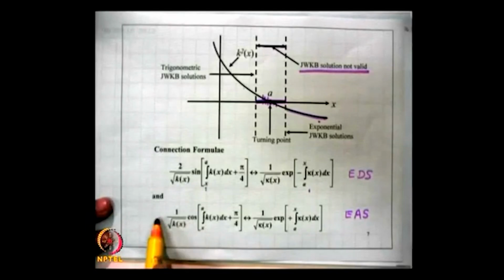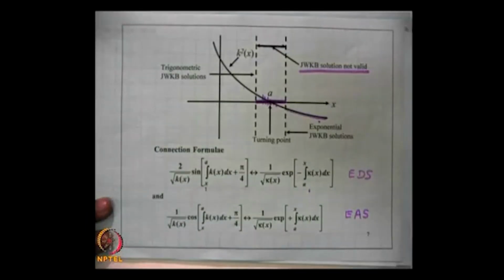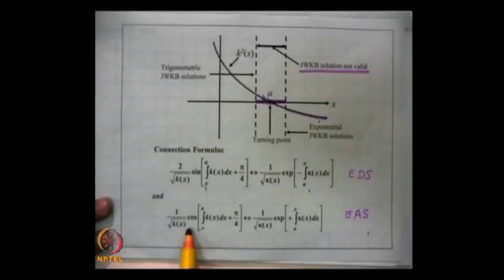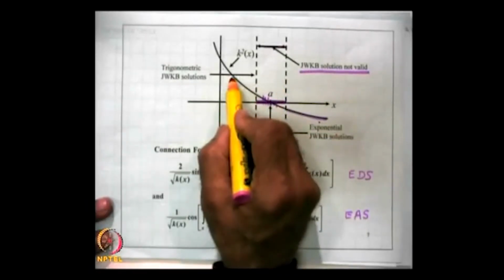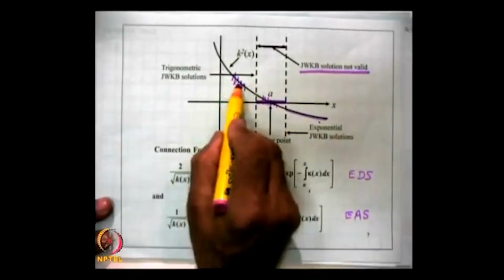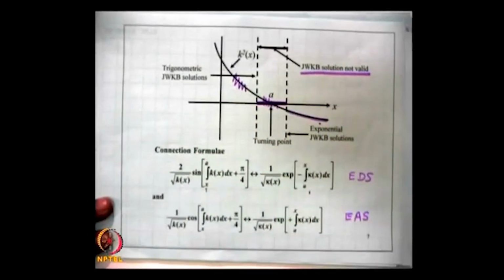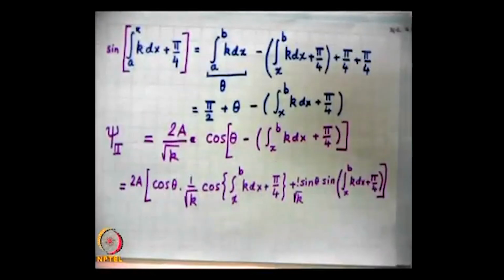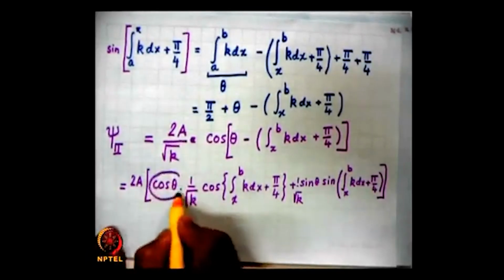So, therefore, the coefficient of the cos term must be 0, otherwise the wave function will blow up for x greater than b. Once again, if I have a cosine term in this region, then that will go over to an exponentially amplifying solution. So, that will not correspond to a bound state problem, and so the coefficient of the cosine term must be 0.